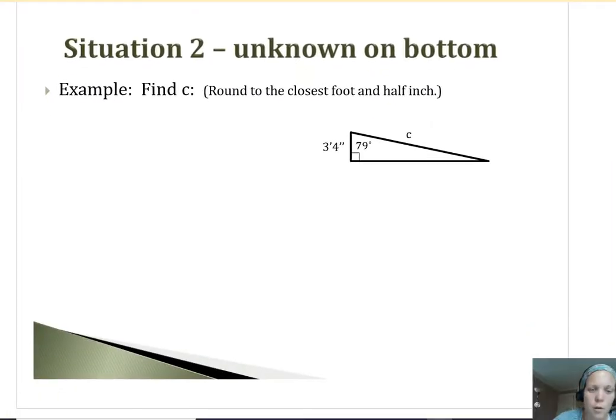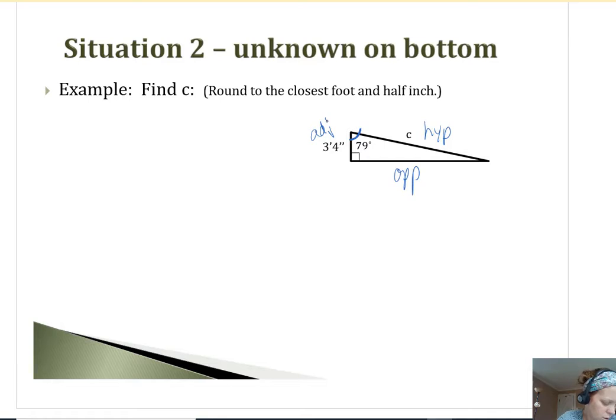So 79 degrees, let me do my labeling. So hypotenuse is C, opposite and adjacent is the 3 feet 4 inches. Okay, now this one, you could change it all to feet or all to inches.